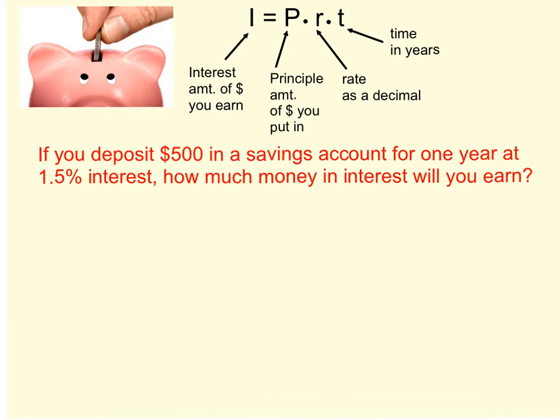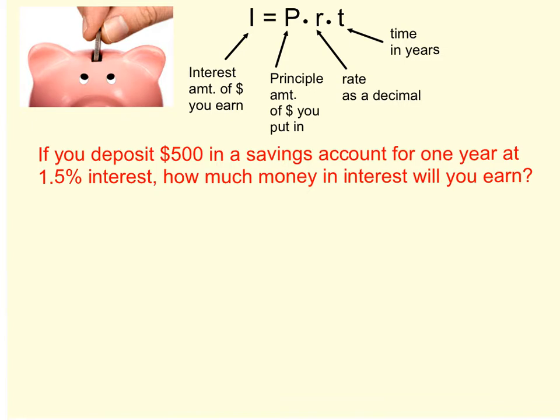The amount of money that you're putting into the savings account. The rate is a percent, but as we know, we can't use percents in math problems. We have to change them to decimals. And then T stands for the amount of time that you're going to keep the money in the account, and that needs to be written in years.